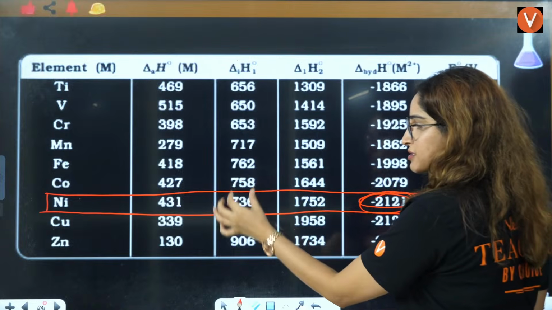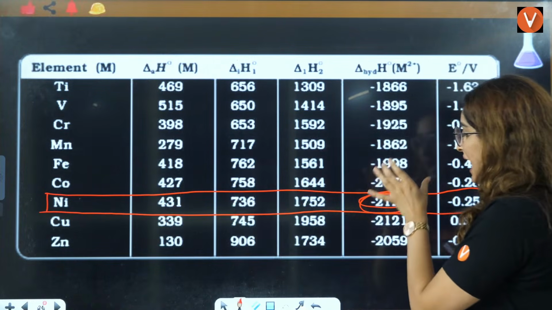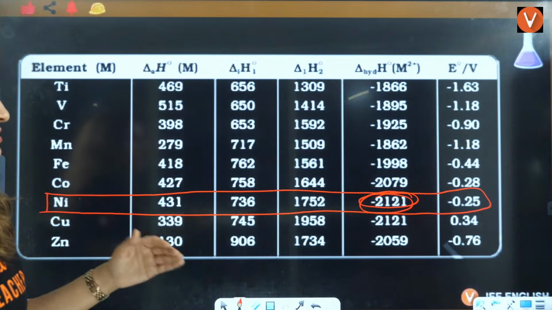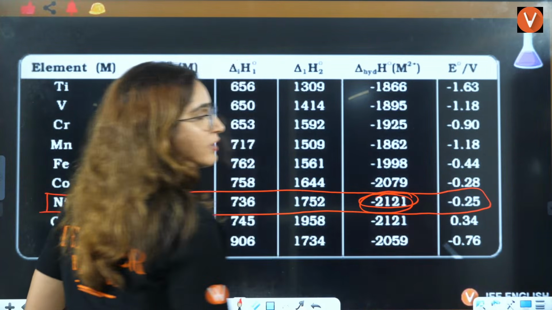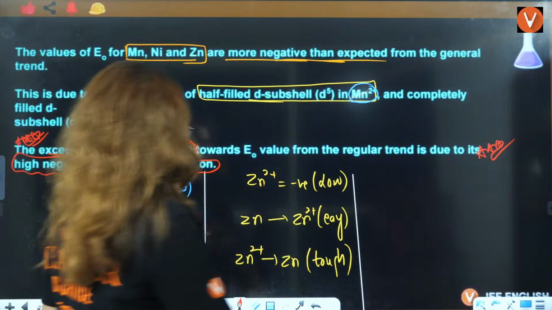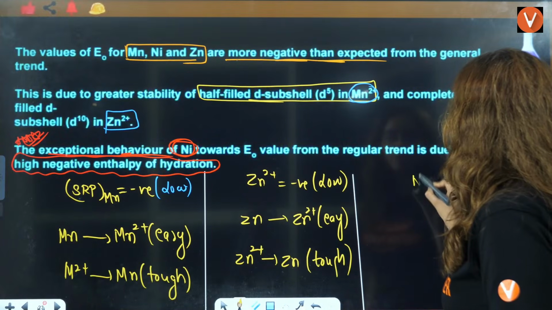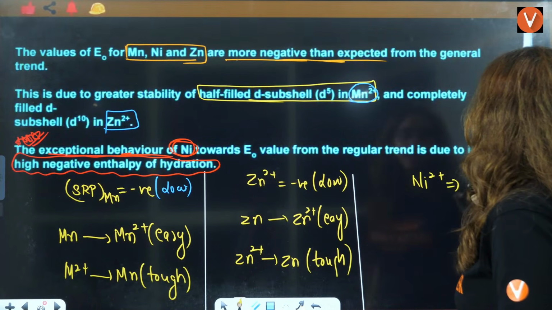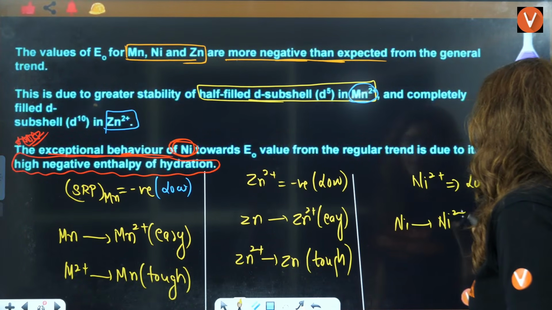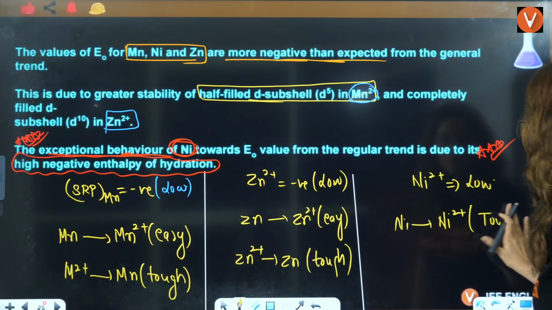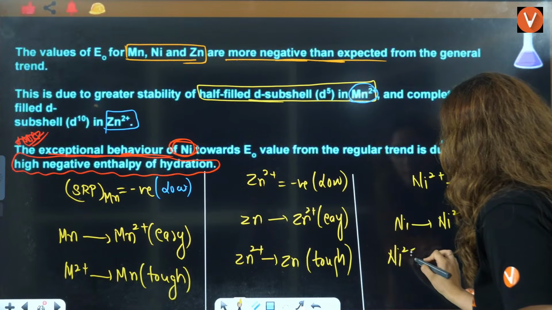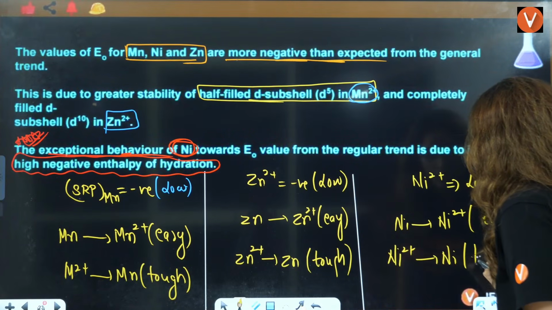This is not so high, this is not so high, this is not so high, but this hydration enthalpy is so high that it makes nickel have a very negative electrode potential. That is the reason that to convert nickel to nickel2 positive is easy. That's why nickel to nickel2 positive, that means increasing the oxidation number, will be very easy. But nickel2 positive to nickel, it's very tough.